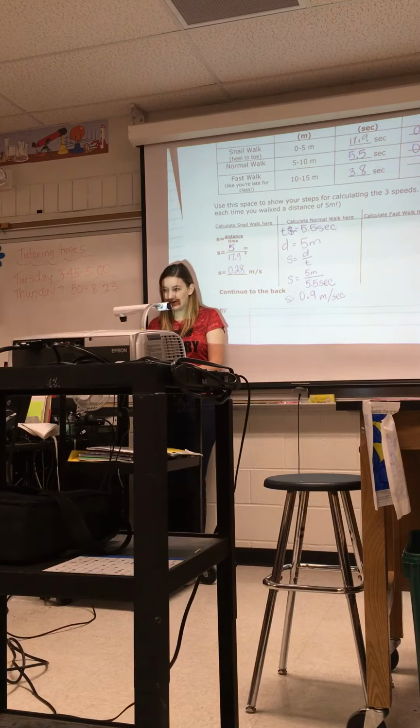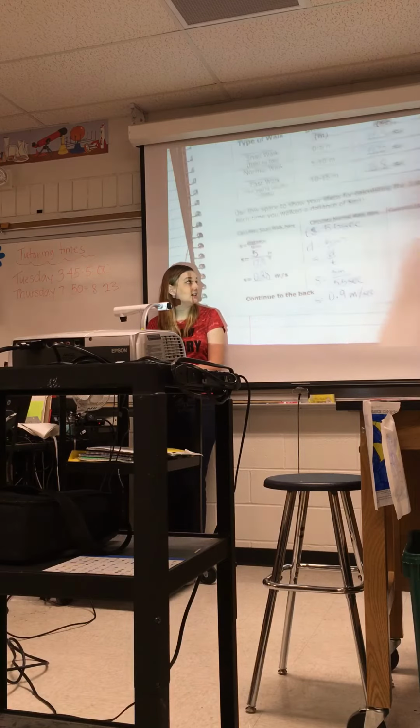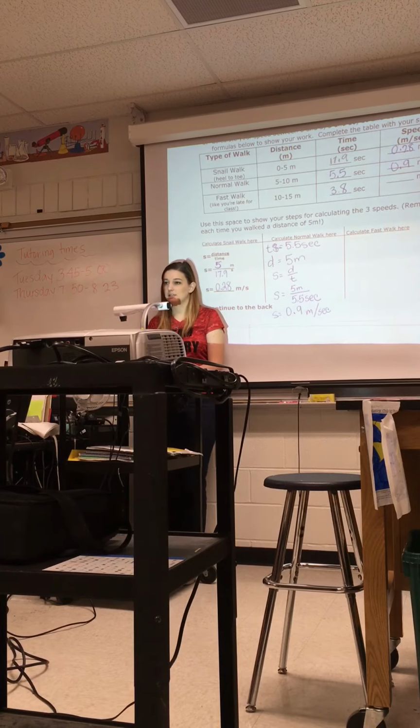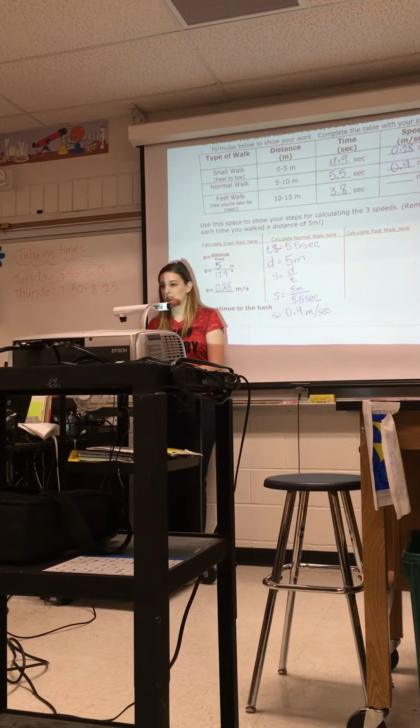Okay. Make sure you have it written in down here and that you filled it in back up in your chart. And when you have that done, go ahead and flip to the back. We'll graph our normal speed.